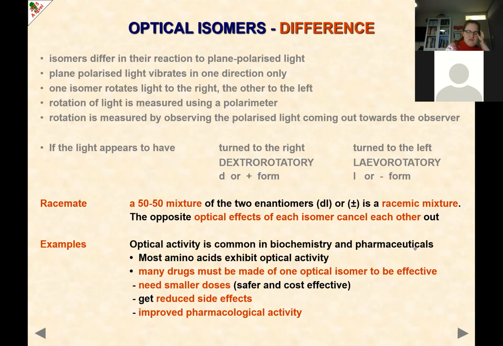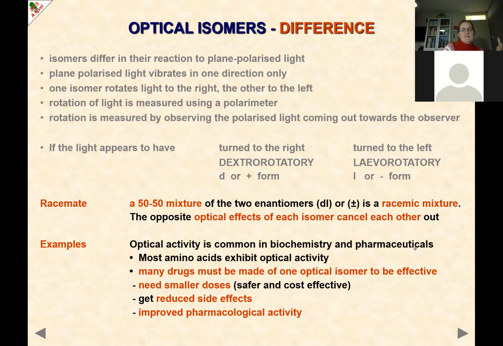So we often get a mixture. That's a racemate: a 50-50 mixture of the two enantiomers is a racemic mixture. The opposite optical effects of each isomer cancel each other out, so you don't have those optical effects. The plane polarized light will be going in that one direction only. It's not going to the left, it's not going to the right.